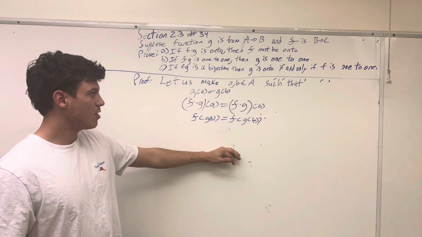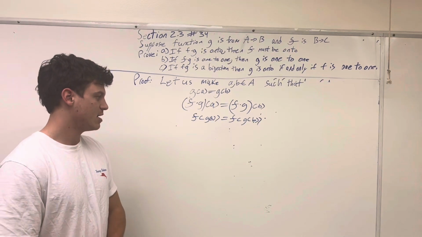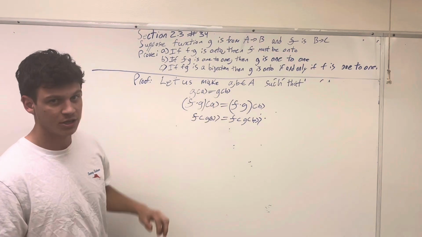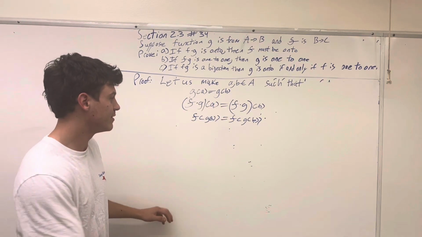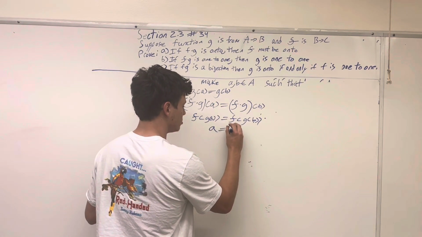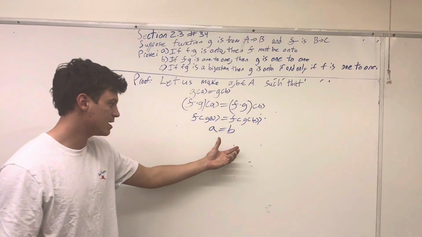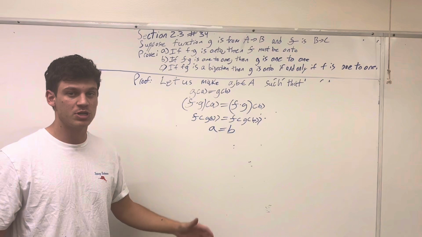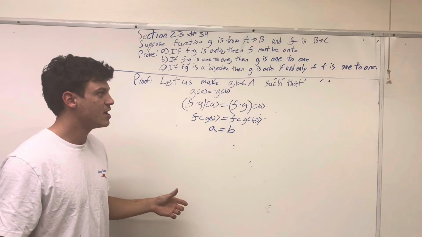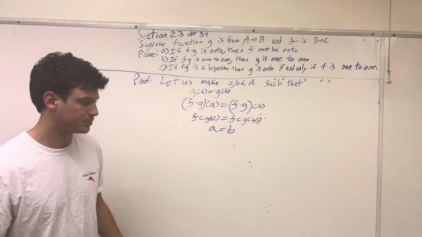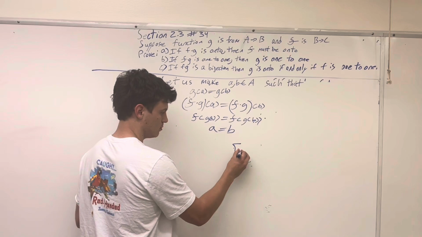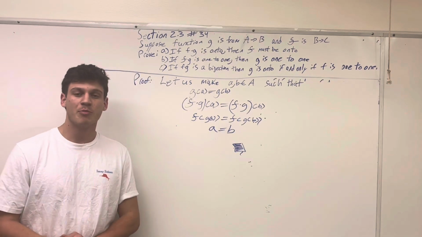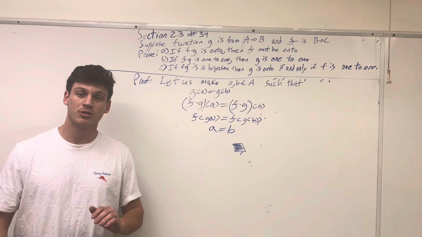So through here, we understand that the only way that these two equations are equal to each other is if a is equal to b. And since a is equal to b and g of a is equal to g of b, we know the injection, that is, g is 1 to 1. Therefore, we've proven the statement. I'm going to come back to you when I set up part C.